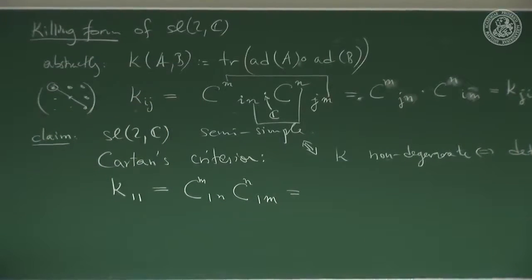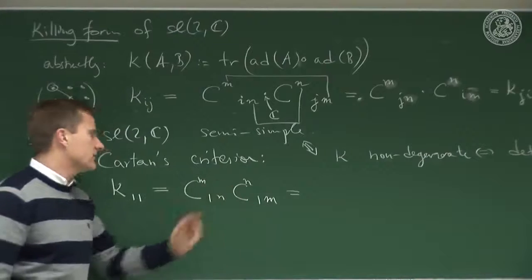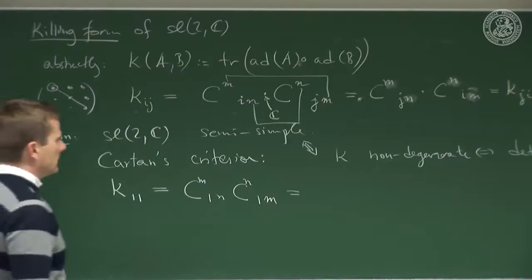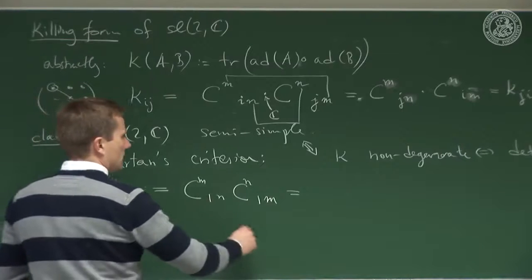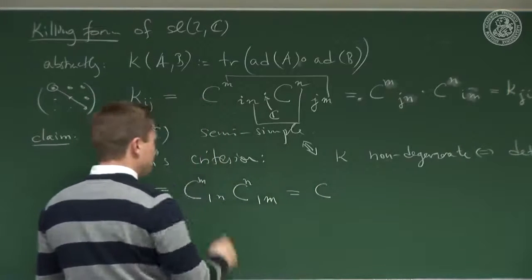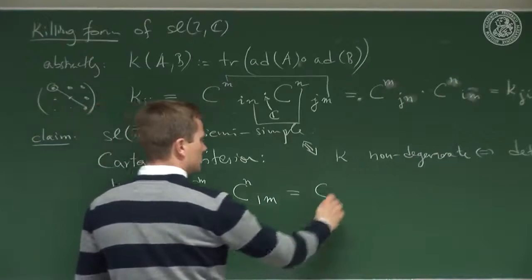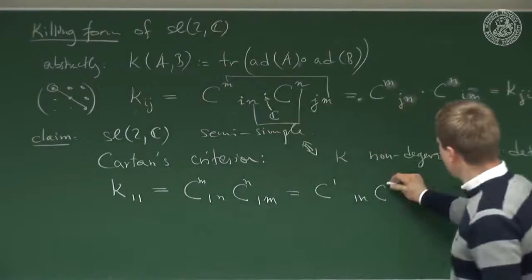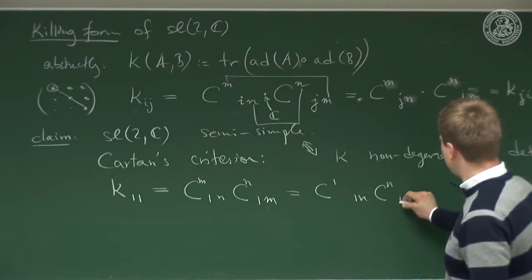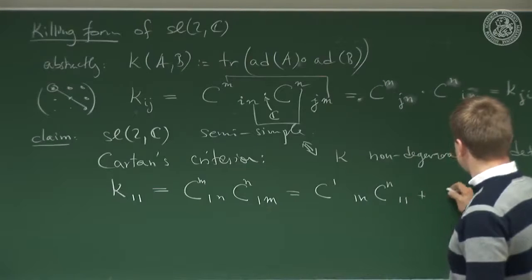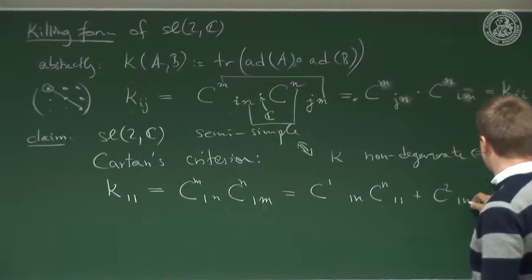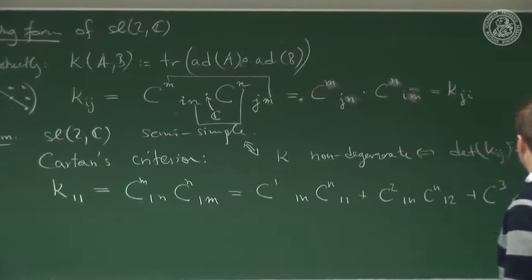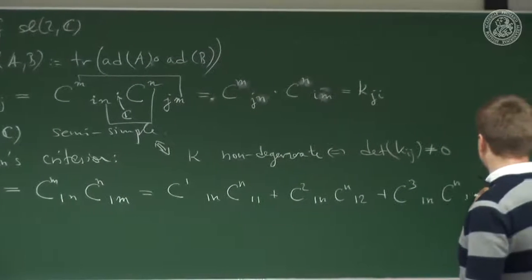Solve them one after the other, because usually after writing down the first and using stuff you know, the second one is very simple. So let's do this. Let the m run and the n stays. So C1 1n Cn1 1, plus C2 1n Cn1 2, plus C3 1n Cn1 3.